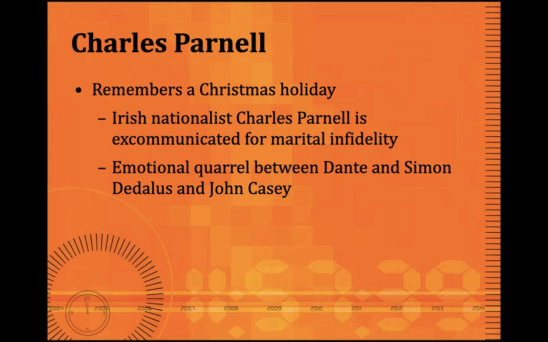This is very wrong according to Christianity, and the church excommunicated Charles Parnell. There is a very emotional quarrel over this at home between Simon Daedalus and his friend John Casey on the one hand, and Dante, the very fierce Catholic, the governess on the other. Dante, being a fierce Catholic, supports the excommunication of Charles Parnell, whereas Simon Daedalus and John Casey are angry that he has been excommunicated.